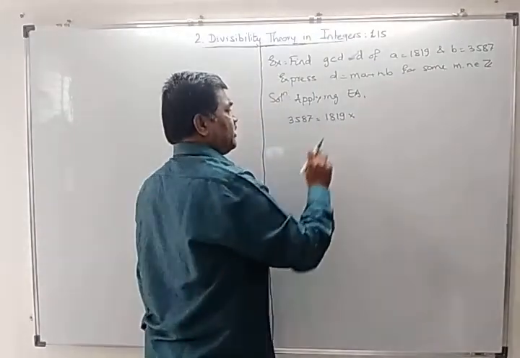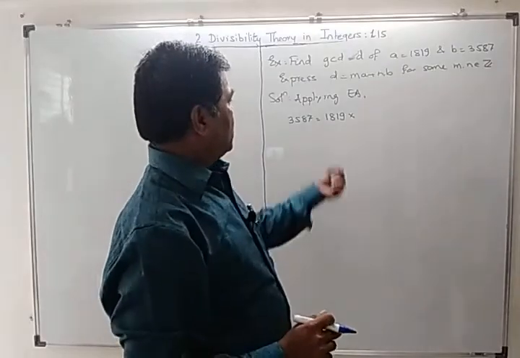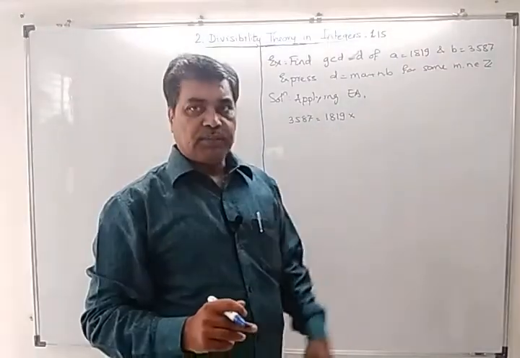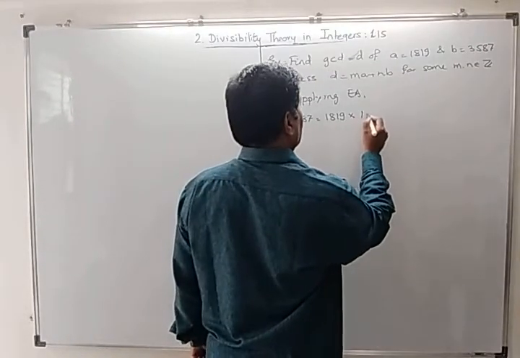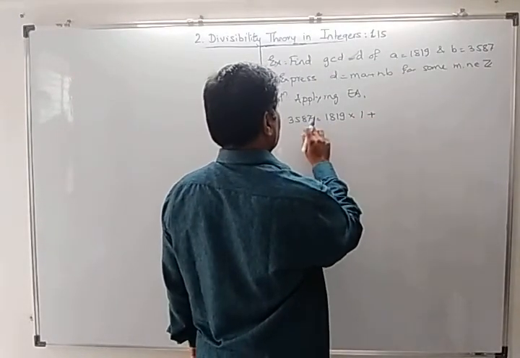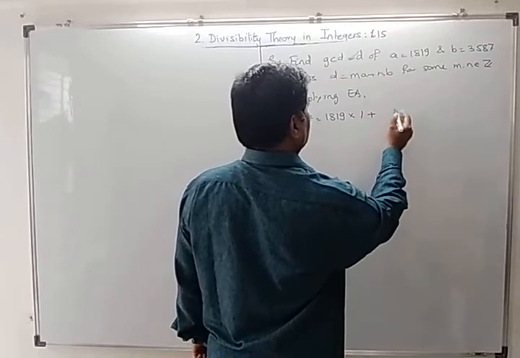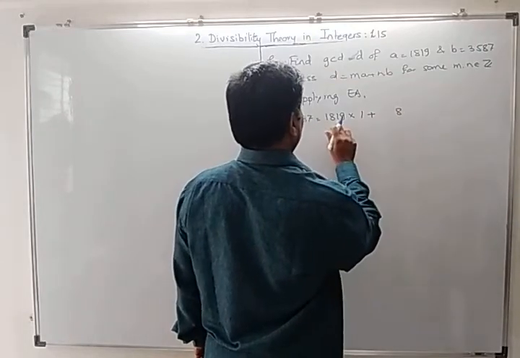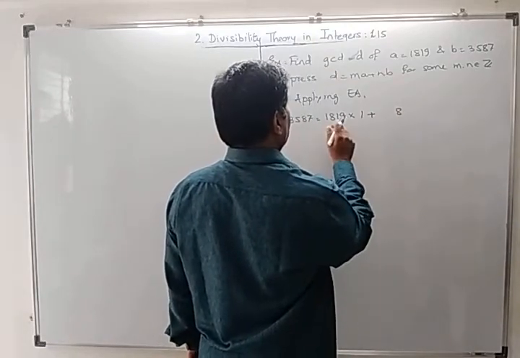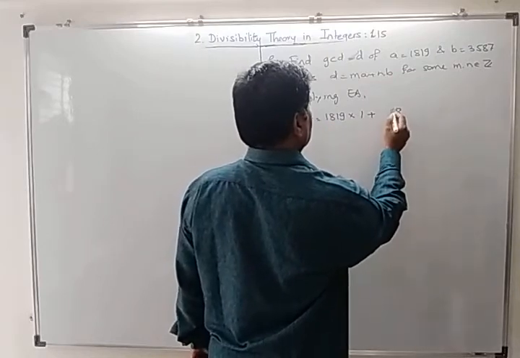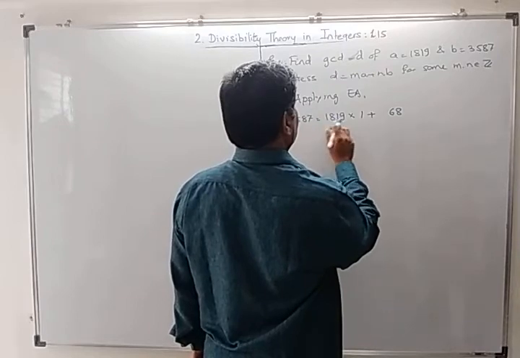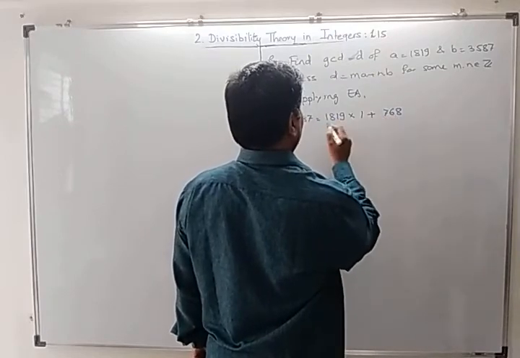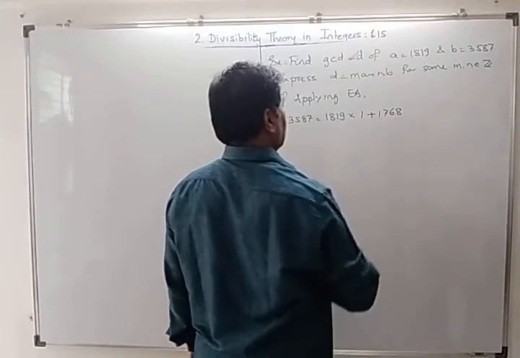Now if you multiply 1819 by 2, we will get 3600 something, so we will just multiply it by 1 plus the remainder. 17 minus 9 is 8, carry 1, 8 minus 2, 6, then 15 minus 8, 7 and 1.